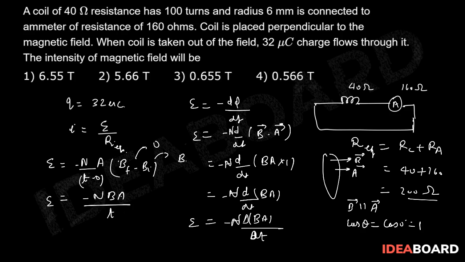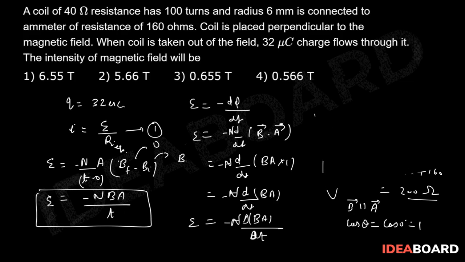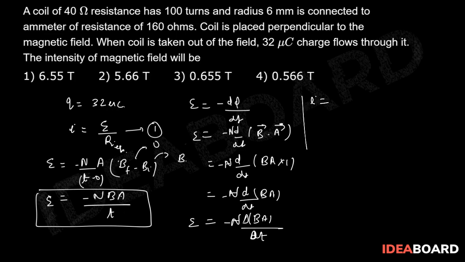And now we know that I is equal to E by R. So put this value in equation number 1. So we will get I is equal to, obviously this minus will become plus because this is B, so we can write NBA by T into R equivalent.